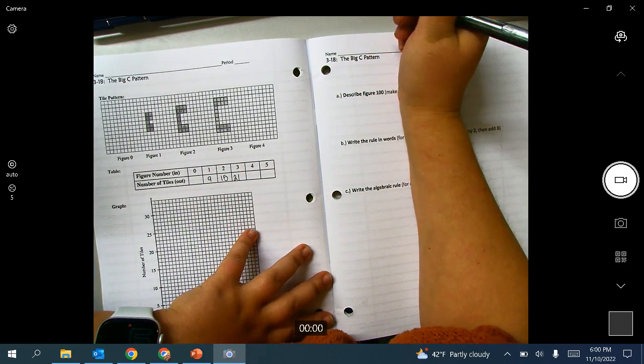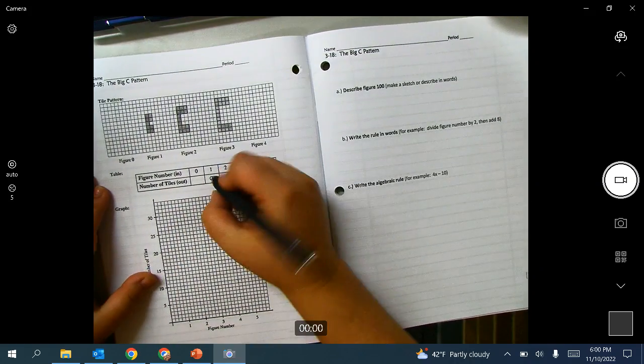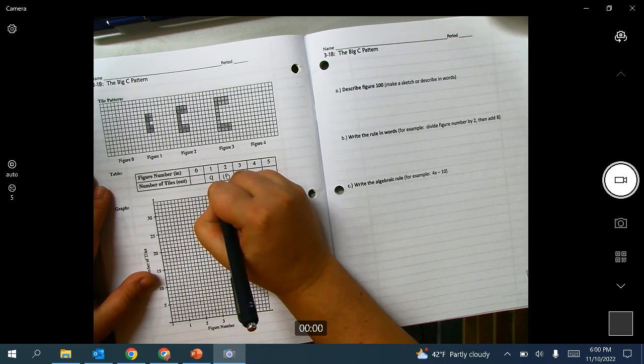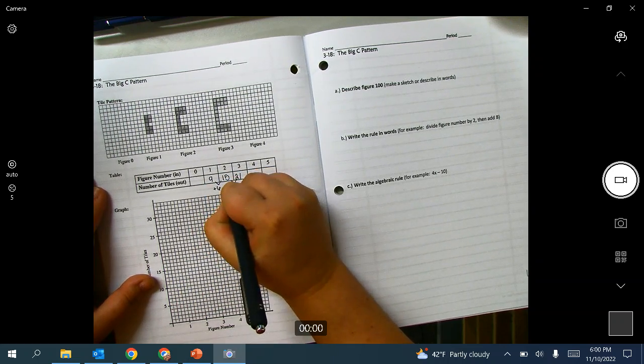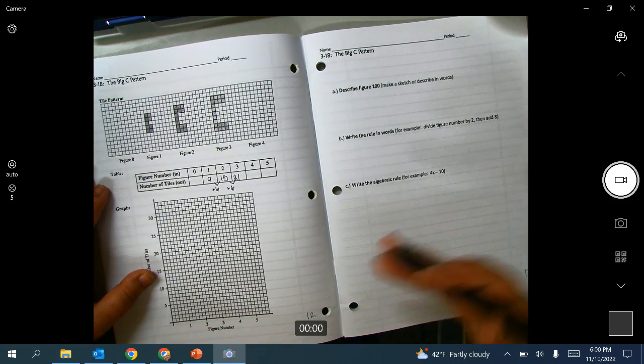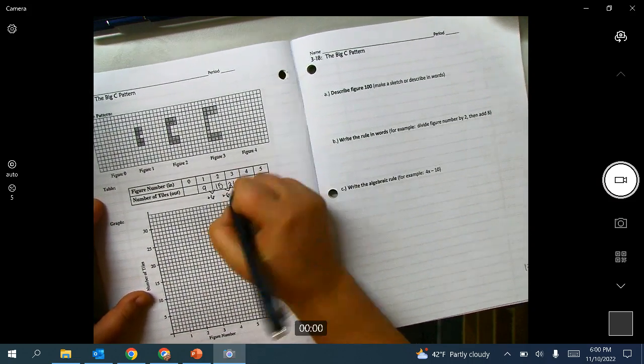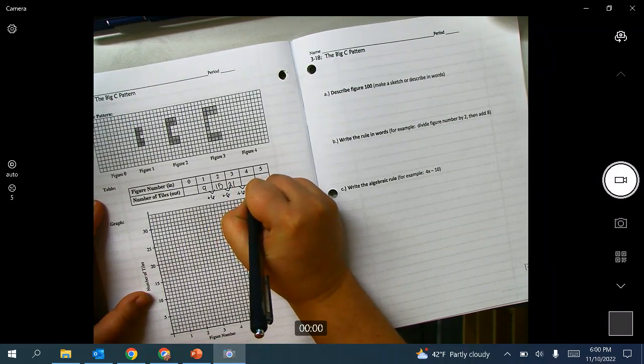Now I'm looking for a pattern, and I see that each time it's going up by 6. So it stands to reason that this way would also go up by 6.